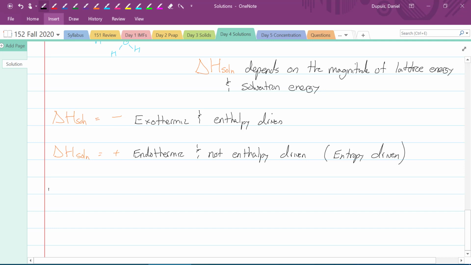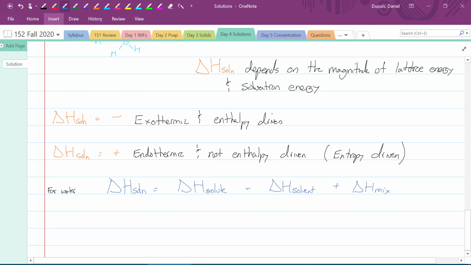So for water, delta H of solution equals delta H of the solute plus delta H of the solvent plus delta H of the mixing. So there's energy transfer.